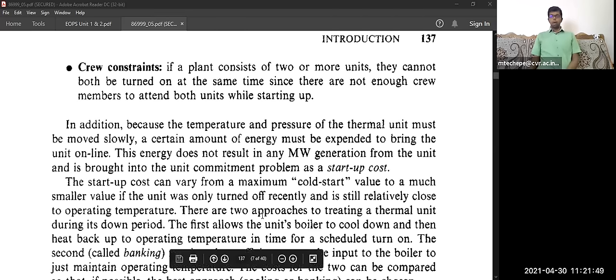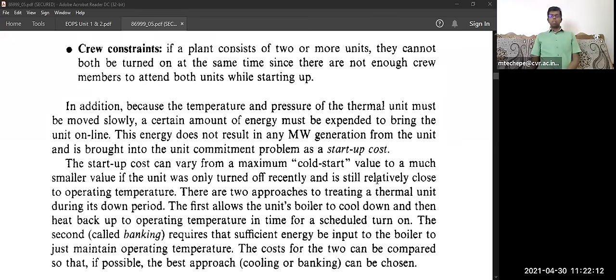A certain amount of energy must be expended to bring the unit online. This energy does not result in any megawatt generation from the unit, and it is brought into the unit commitment problem as startup cost. So that cost is called startup cost.